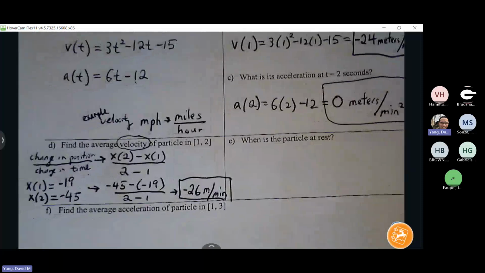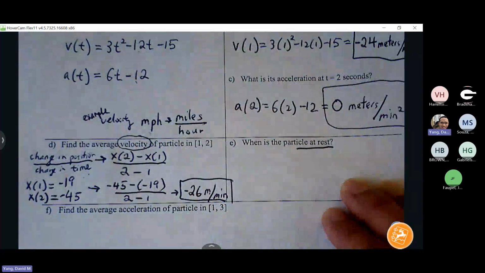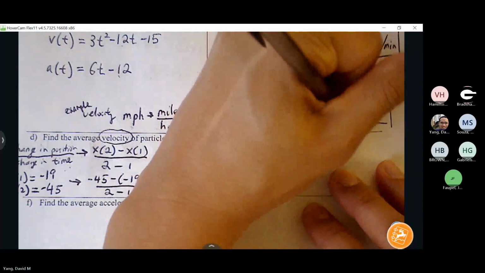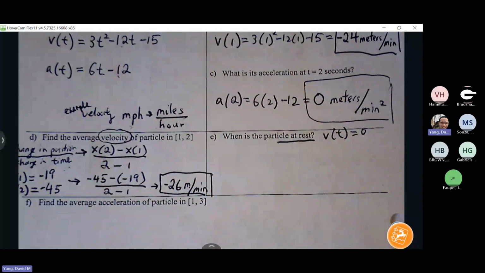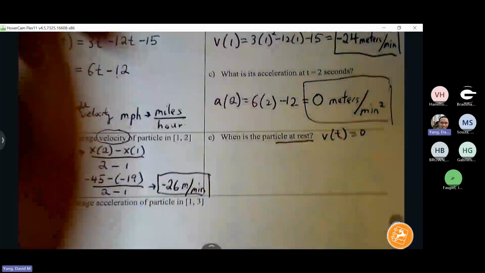Okay, part E. When is a particle at rest? What's our strategy there? At rest, what does that mean? Okay, velocity is 0. So we take our velocity function, we replace v of t with 0.